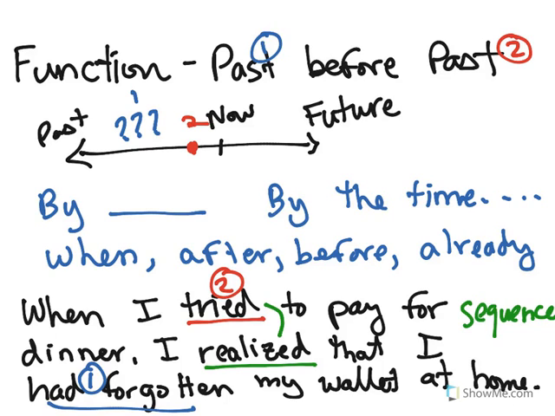When that happens, one action happens before another action, but the two actions happen in a sequence, we just use simple past for both. If there is some time and space, some kind of distance between the two actions, that's when we use past perfect. Okay, and that's it for past perfect tense.